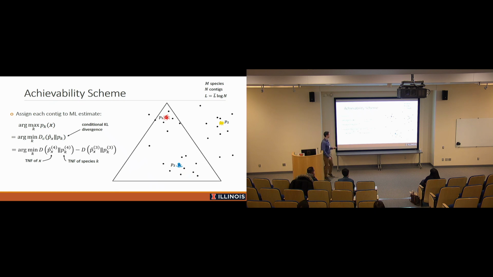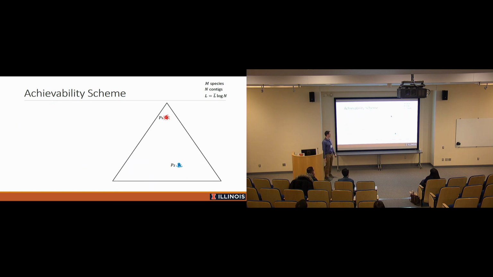So let's look at the binary hypothesis test between two species. Okay, so we just showed that this dividing line, where a contig on this side is assigned to P2 and a contig on this side is assigned to P1, is where their conditional KL divergences are equal. Okay, so let's assume we have a contig generated by P1.